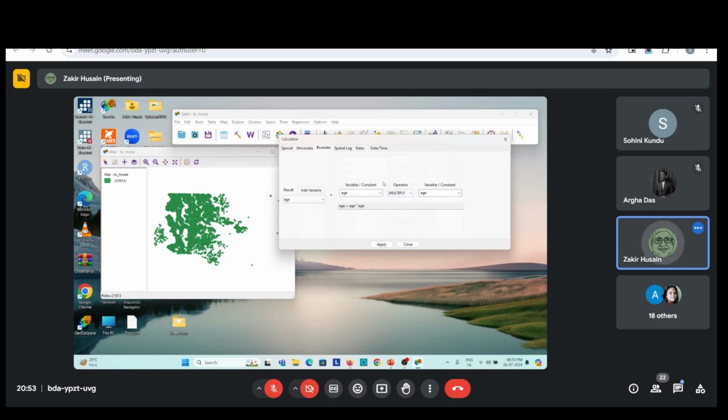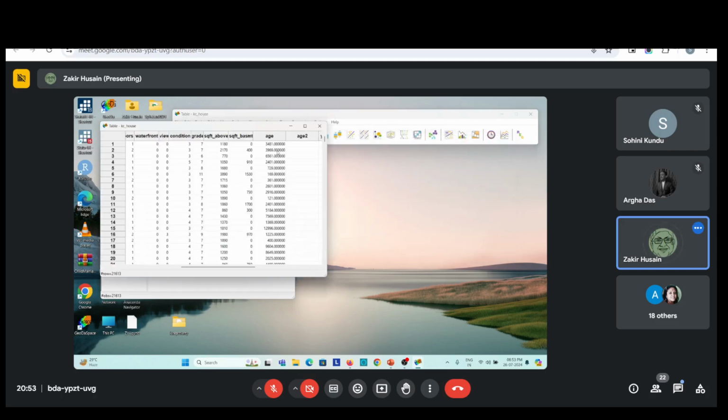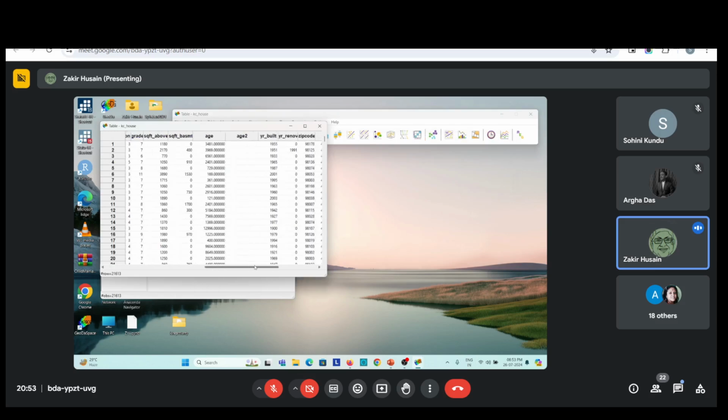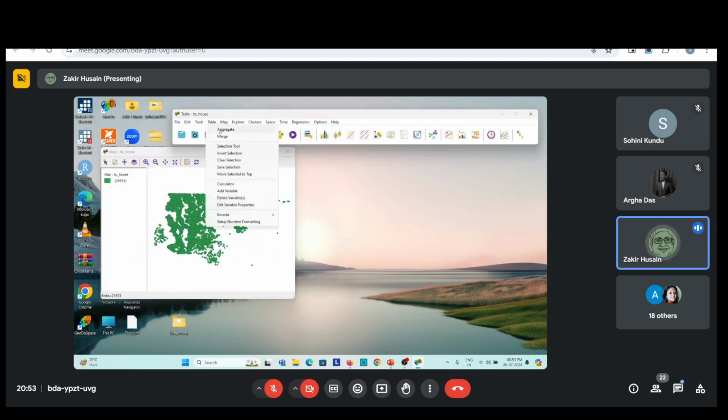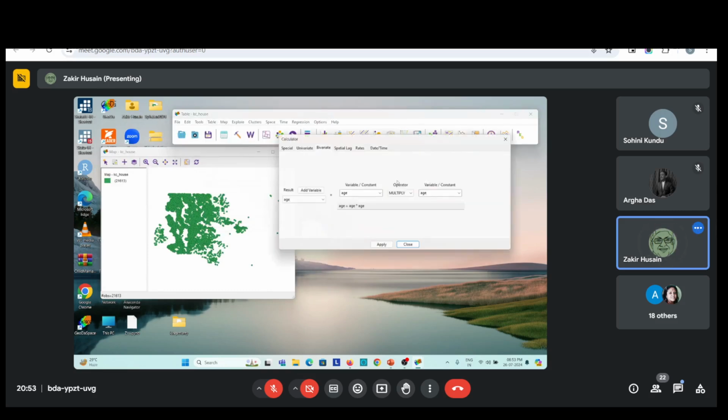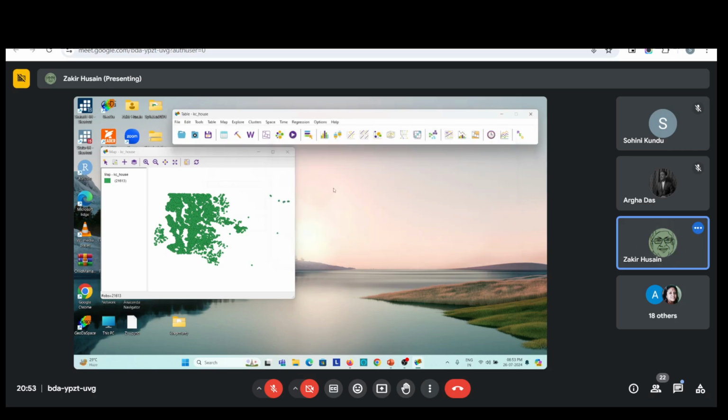We don't have power functions over here. So let's just check. You can see over here age and age squared. Age squared has not been created. Let me do it again. Calculator. Oh, it should have been age 2. Sorry, I have to do it all over again.